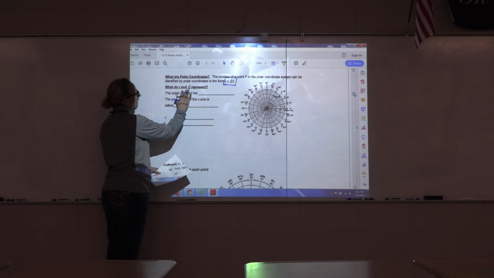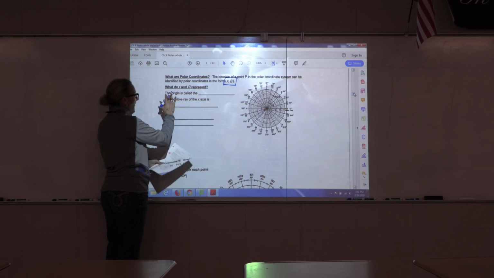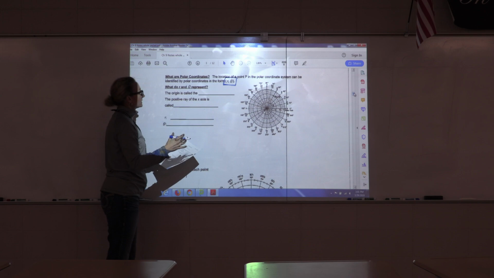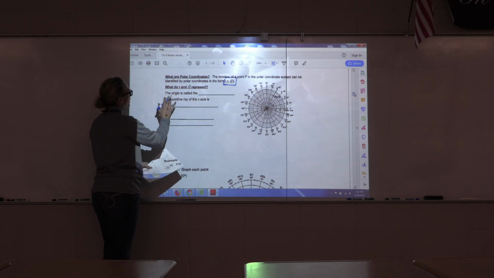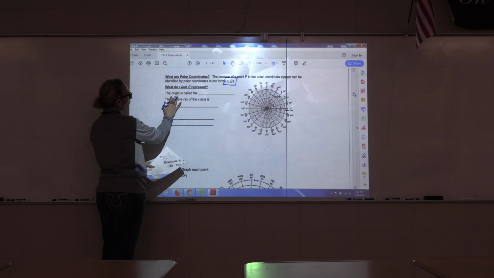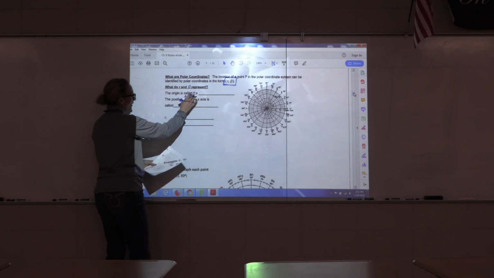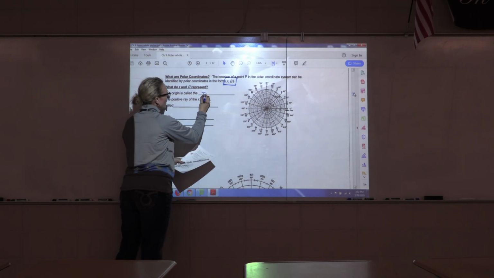So what do the r and the theta represent? They represent how we're going to graph those values on this plane. Down here, the origin is called the pole.